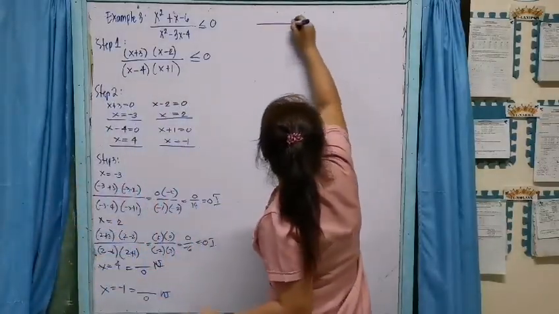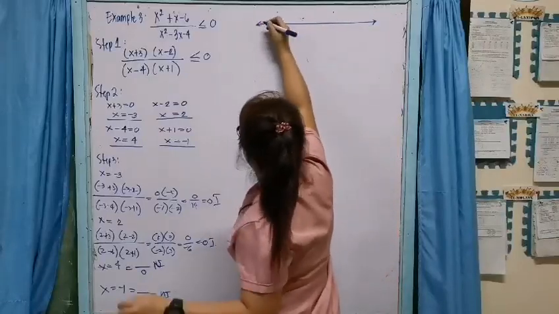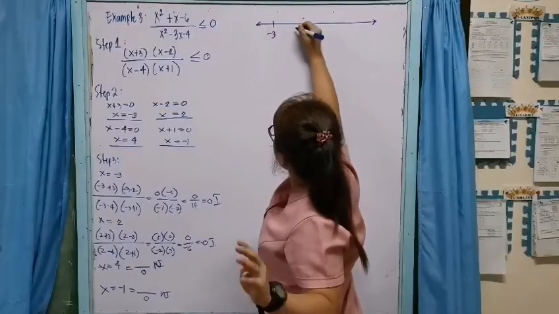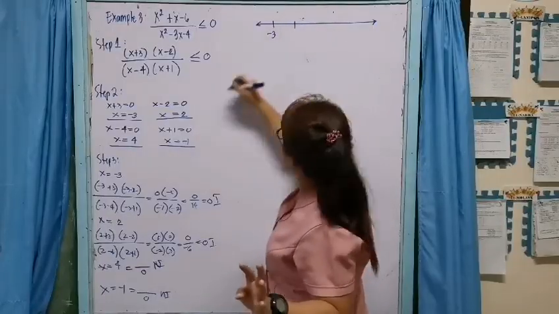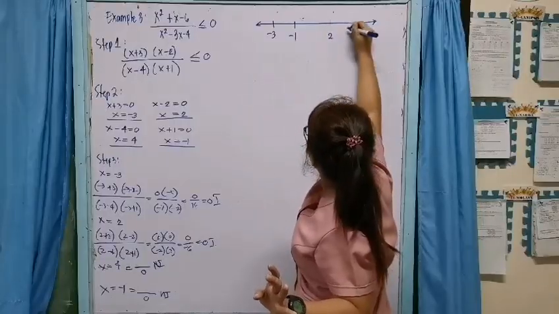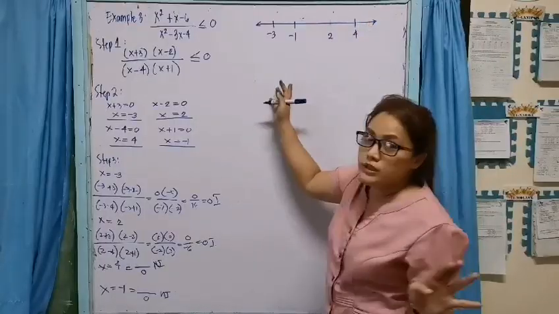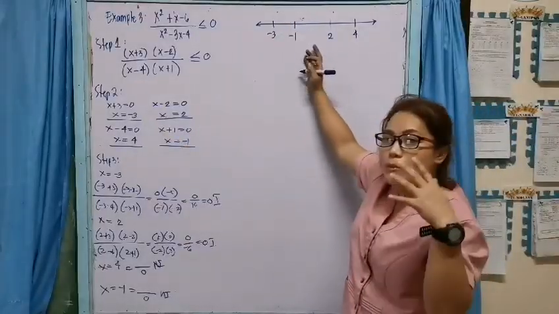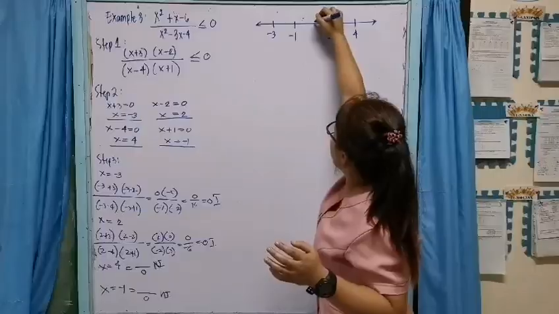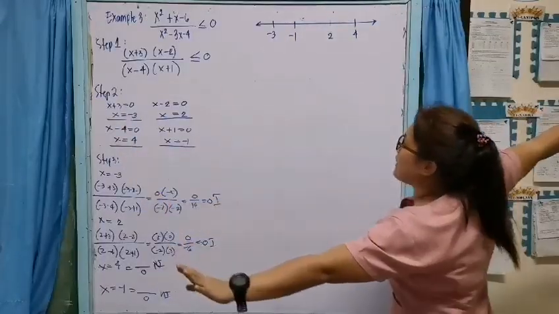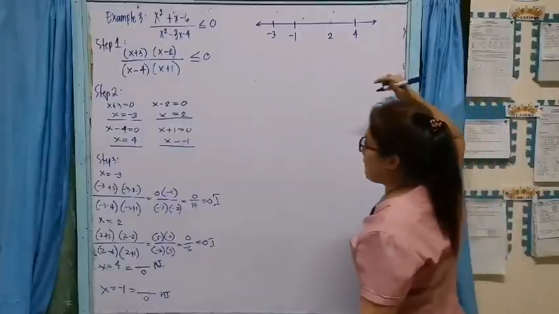If we are going to make a number line, we have 4 values. You arrange them: negative 3, then negative 1, then 2, and then 4. Remember, you arrange them in order, and 0 is at the center, negative on the left and positive on the right.